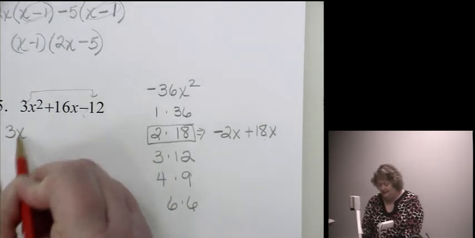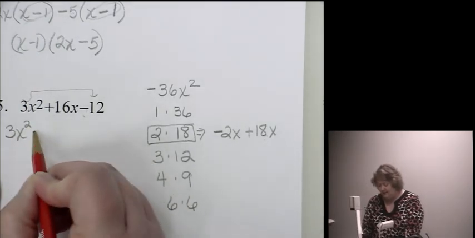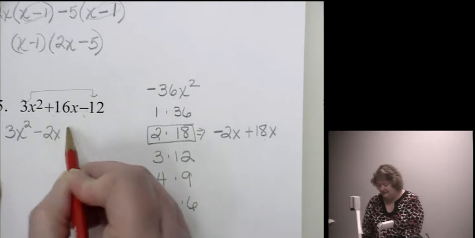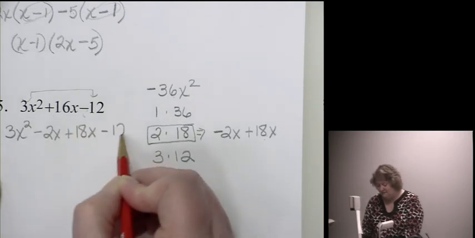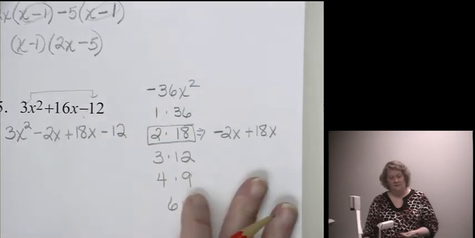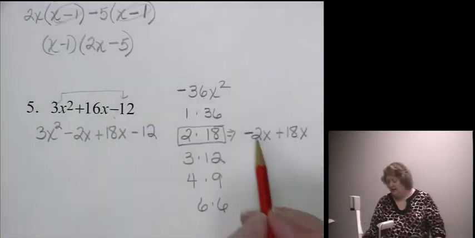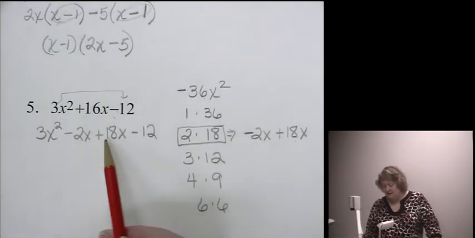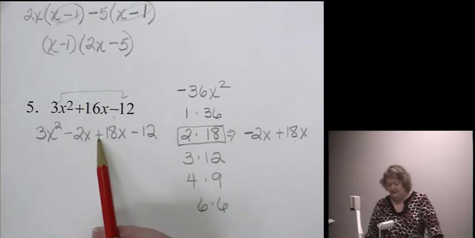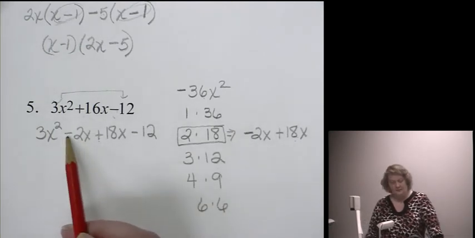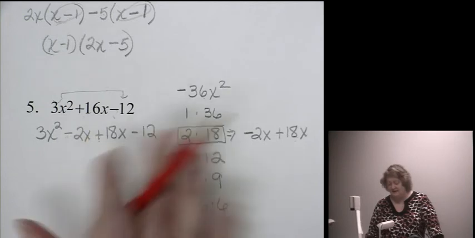Then once you find the pair, 3x squared minus 2x plus 18x minus 12. Now another hint for when you put your terms in, I particularly prefer to have a plus here and my minus here because it makes that factoring easier.